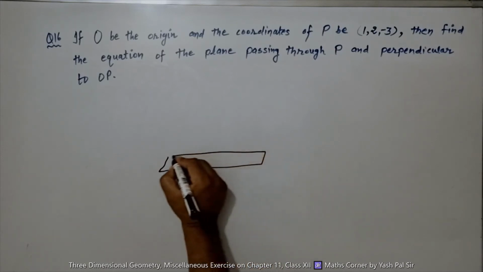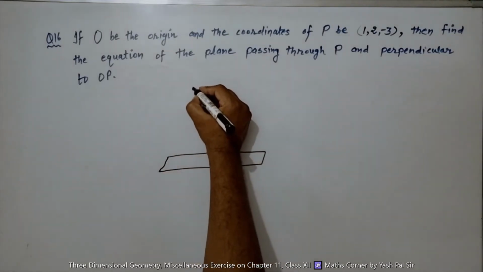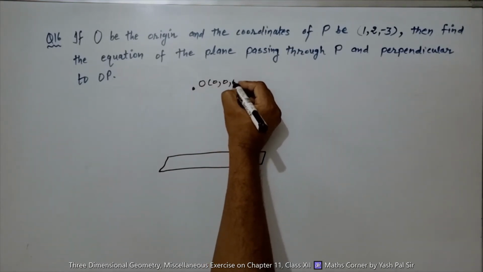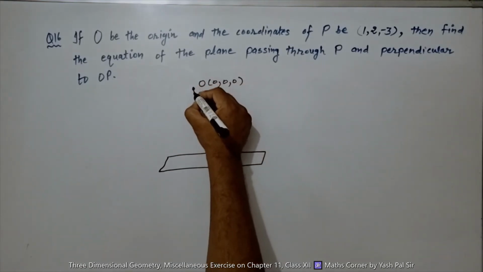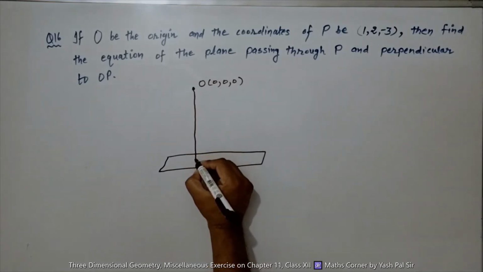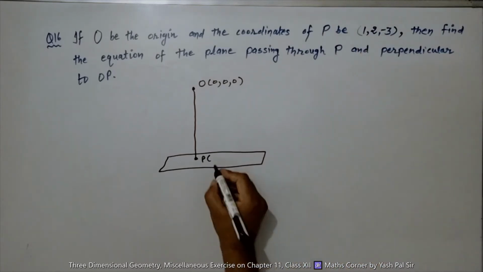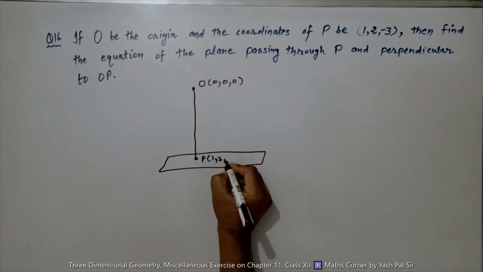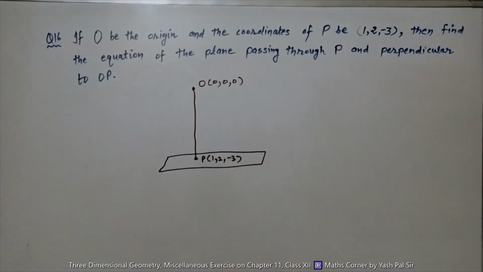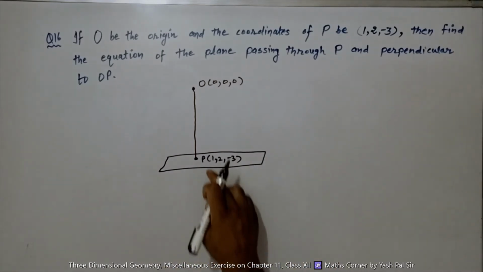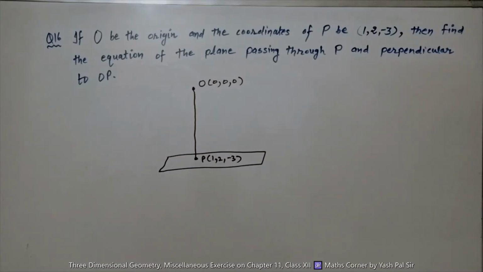This is the plane and this is O origin 0, 0, 0, and draw any perpendicular on the plane. This point is P. Its coordinates are 1, 2, minus 3. So OP is perpendicular to the required plane.